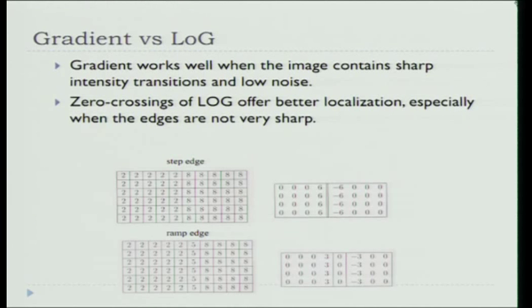Now you know the two methods: one is the gradient method, another is the zero crossing way. The gradient method works very well when there is a sharp change of intensity level, but when there is a ramp, where the intensity changes slowly, zero crossing helps you detect the edge points very well.